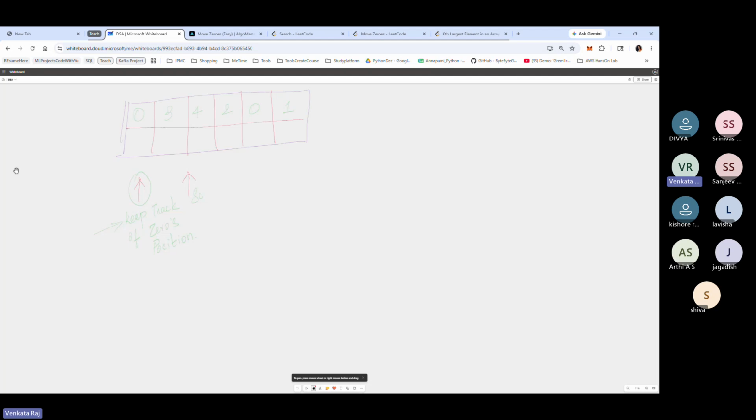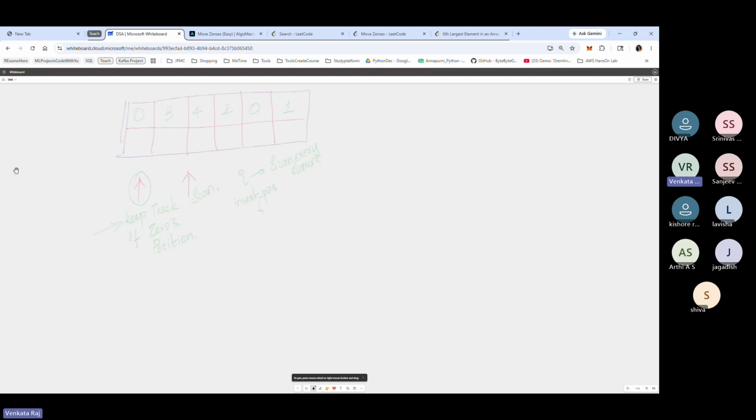Let me put it as a variable I and insert position. So this particular pointer I will scan every element. It will go through every element, and it knows what is zero and what is non-zero.